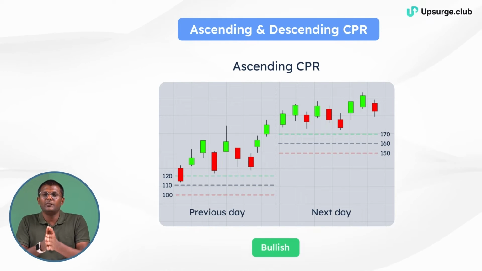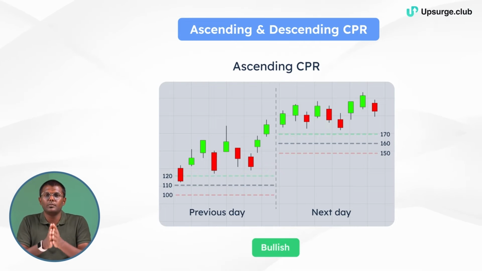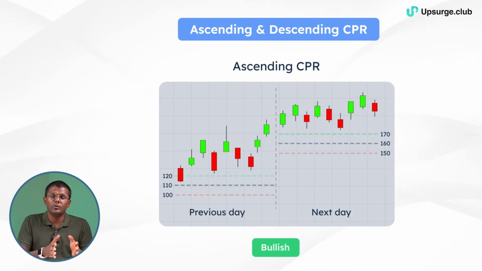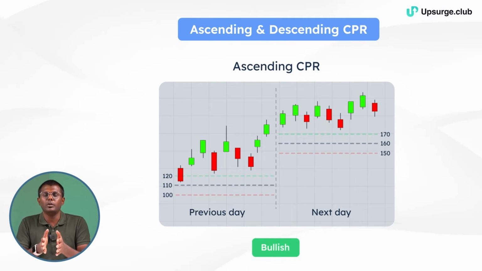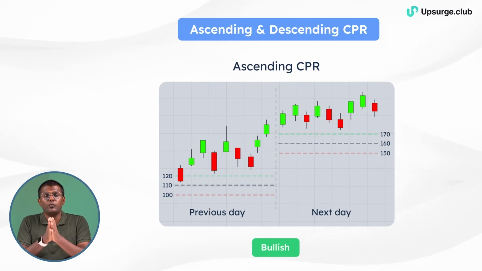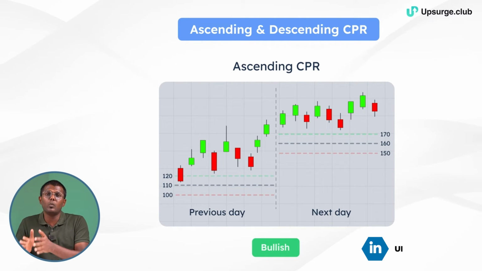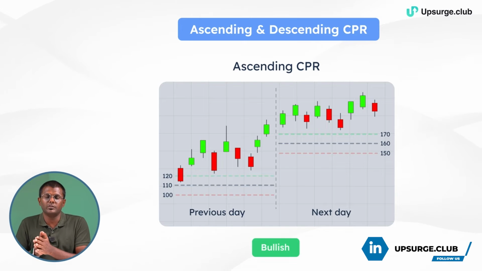So whenever an ascending CPR happens, the candle should mandatorily trade above the daily CPR. Only then can we look for the bullish trend to continue. Generally, an ascending CPR also denotes the overall market is bullish. So whenever there is an ascending CPR, we should focus only on long positions and we should probably avoid taking short positions.